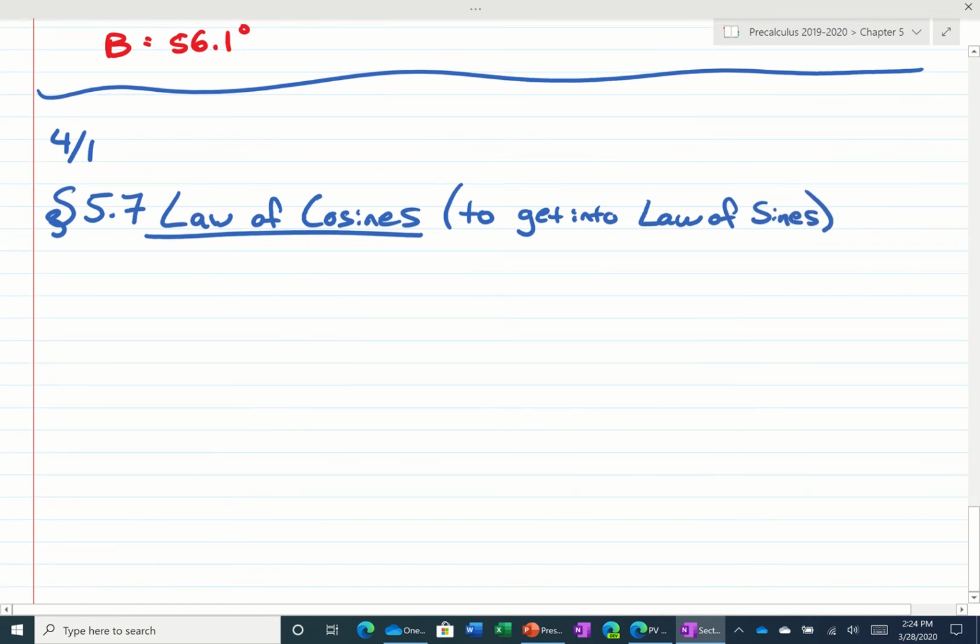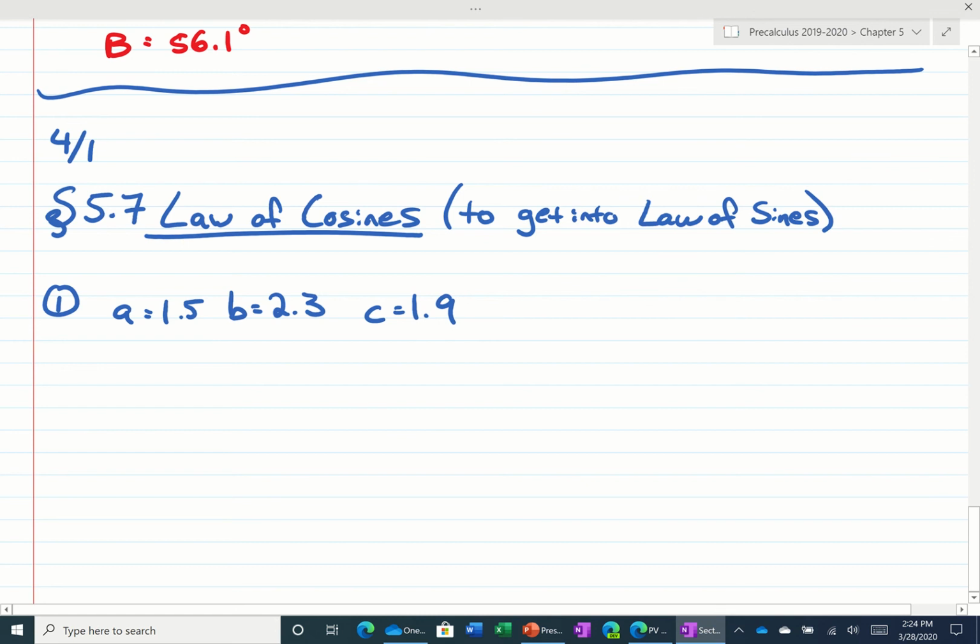All right, so let's take a look at a couple problems here. One problem says, what if A is 1.5, B is 2.3, and C is 1.9?